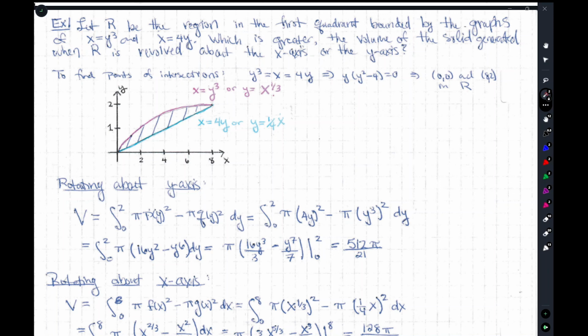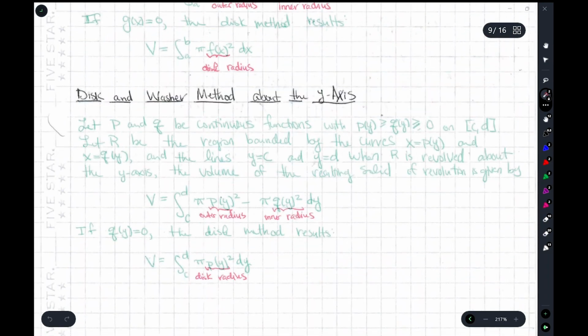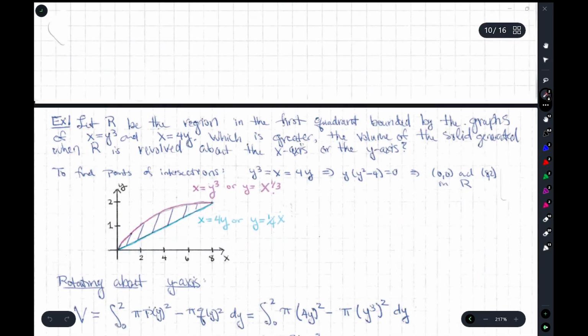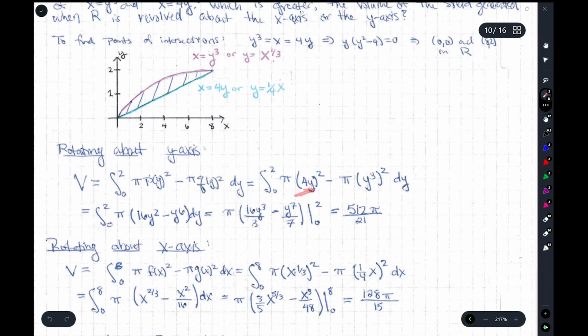So since we're rotating about the y-axis and taking an integral over y, we're going to need all of these functions in terms of y, right? So we'll have x is equal to 4y, x is equal to y cubed. Now the outer radius is this 4y, and so just using that formula here, that's going to be our outer radius, pi, and we're going to square that, 4y squared. Our inner radius is y cubed, so pi y cubed squared.